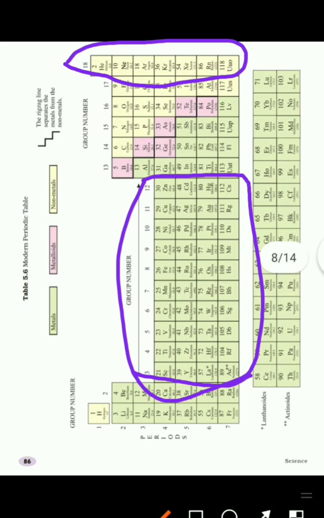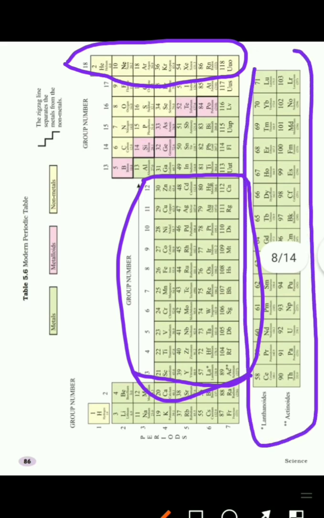The two rows which lie below the table are elements which have three shells incomplete in their atom, so they are called inner transition elements. These lanthanoids and actinoids are known as inner transition elements.